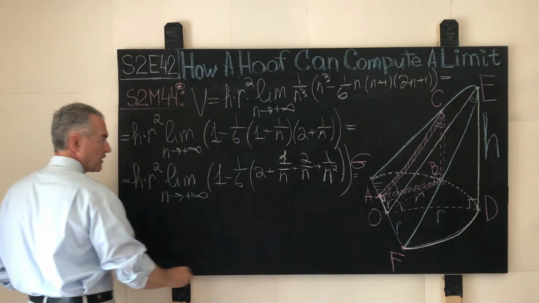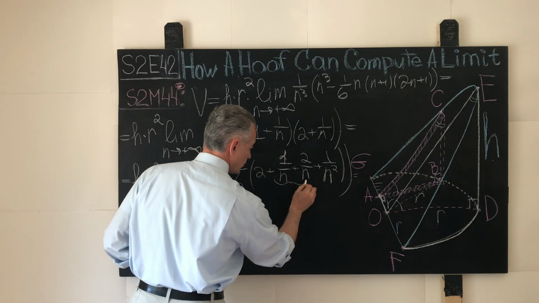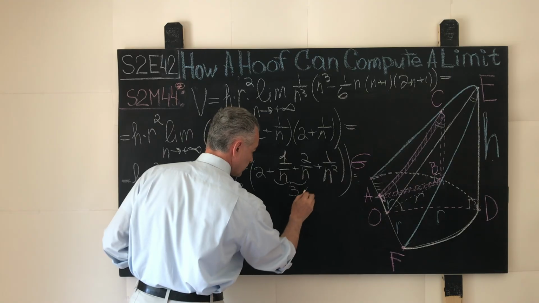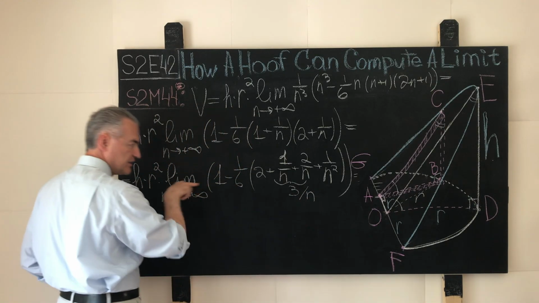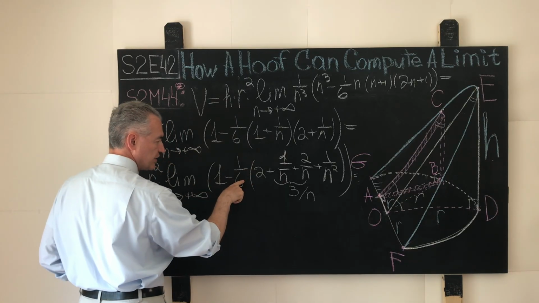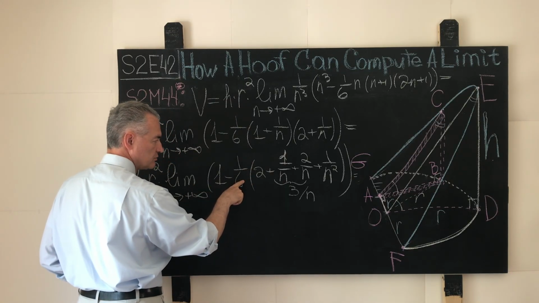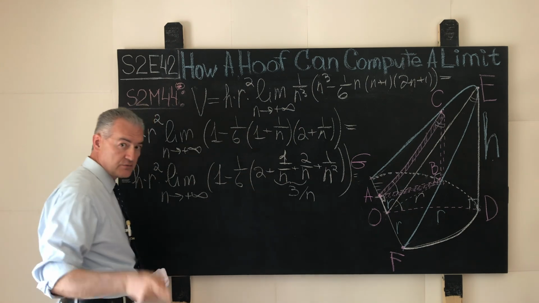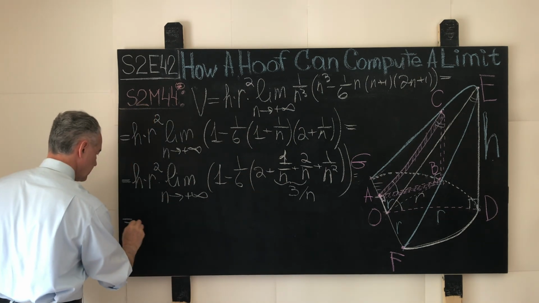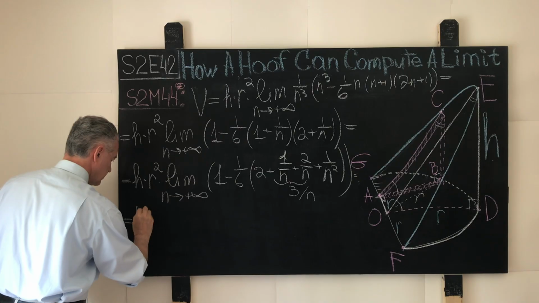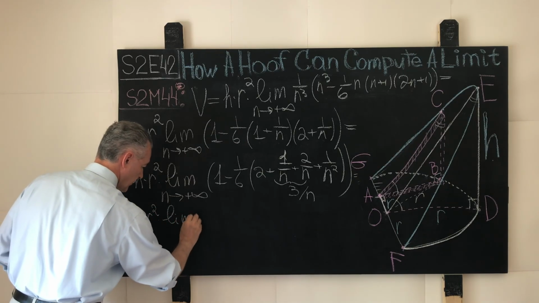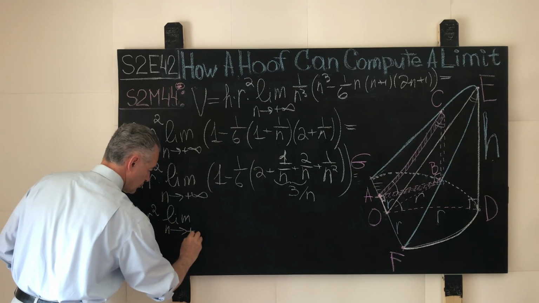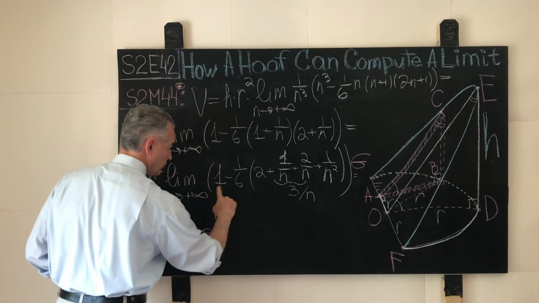So what do we have now? Let's do this. This summand comes out to what? 3 over n. Agreed? Now we move 1/6 through. 2 over 6 will be what? 1/3. 1 minus 1/3 is what? 2/3. So we have h times r squared times the limit of n tending to positive infinity of what?